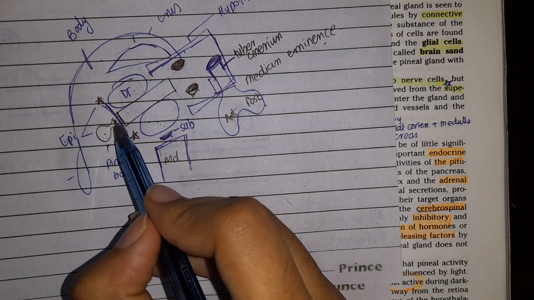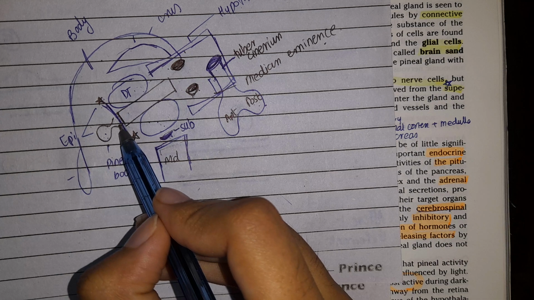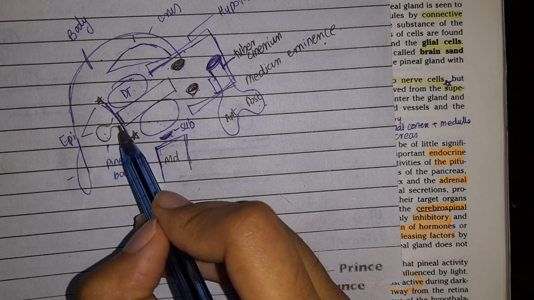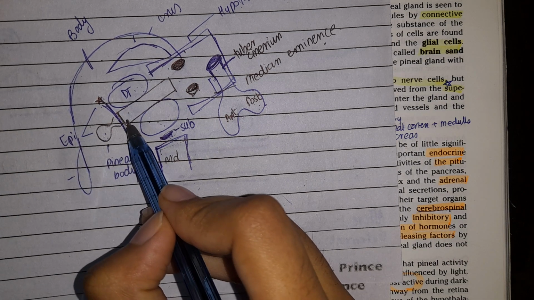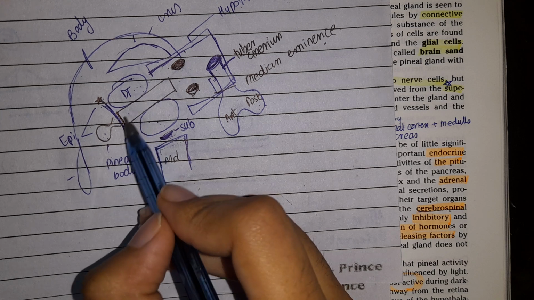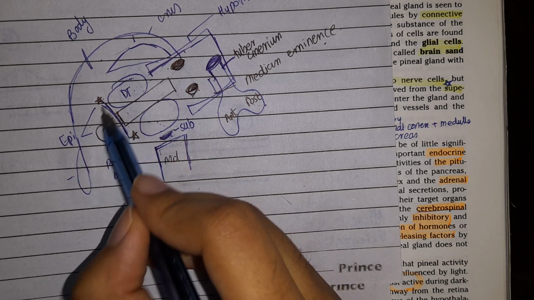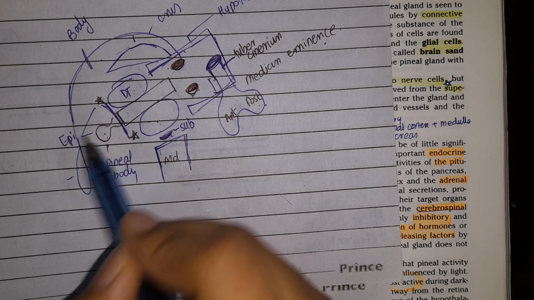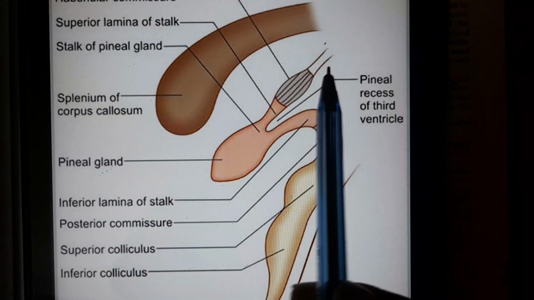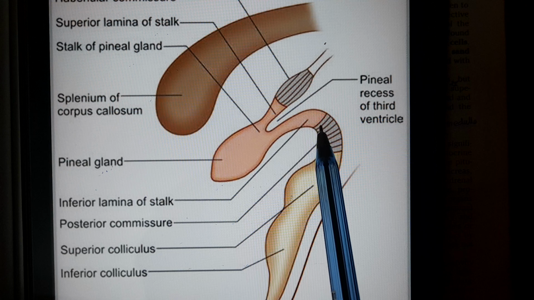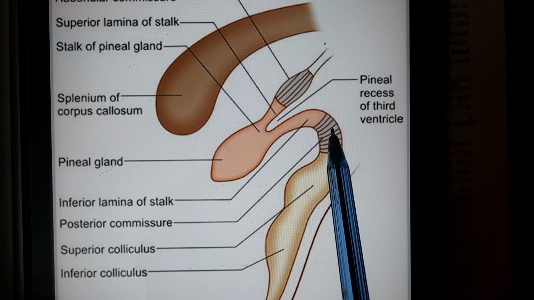Just beneath the nuclei, we have the pineal gland and a stalk with which the pineal gland is attached to the third ventricle. So you can say that the pineal gland and the two habenular nuclei together make the epithalamus. You can see over here there are two habenular nuclei.